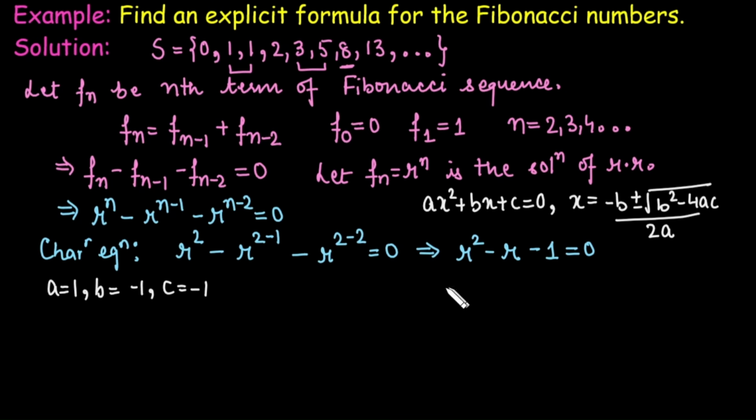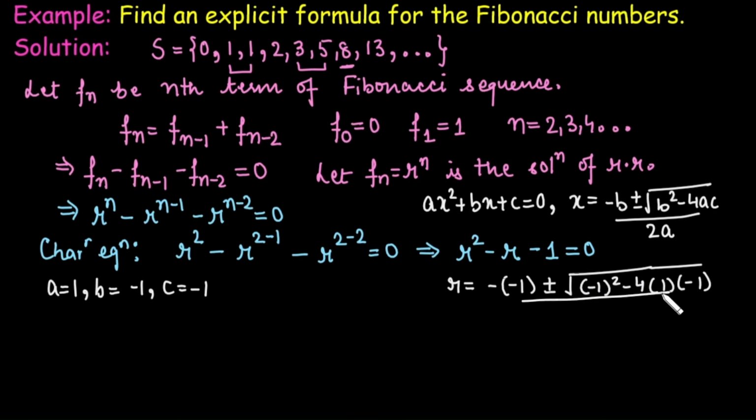So according to this formula, r is equal to minus of minus 1 plus minus under root minus 1 square minus 4 into a, which is 1, and c is minus 1, divided by 2 into a. This is equal to, negative negative is positive, 1 plus minus under root minus 1 square is 1, negative negative is positive 4, by 2. This is equal to 1 plus minus under root 5 by 2.